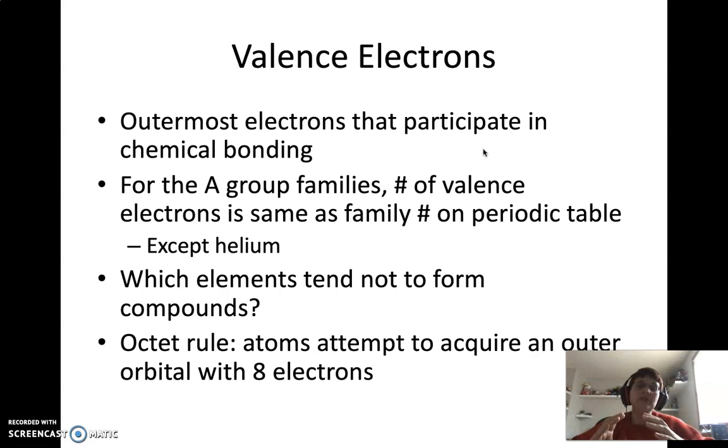They need to either get rid of 1 so that they have 8 electrons in the next lower ring, or gain 7 so they could get 8 altogether. We're going to look at different ways they can fill that shell.